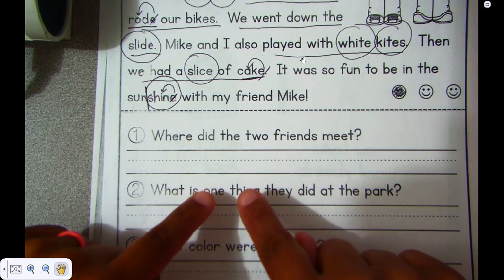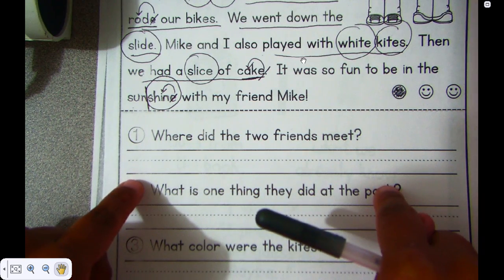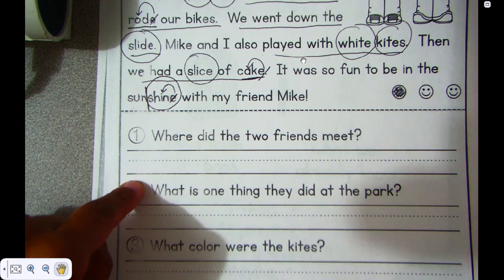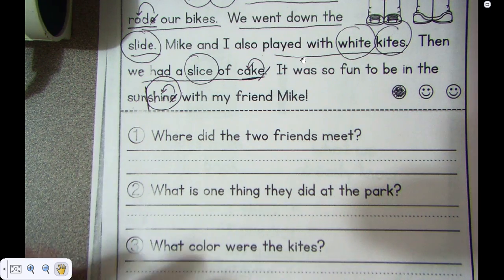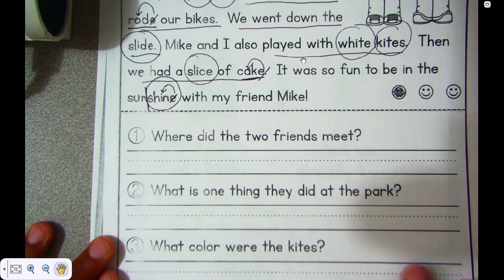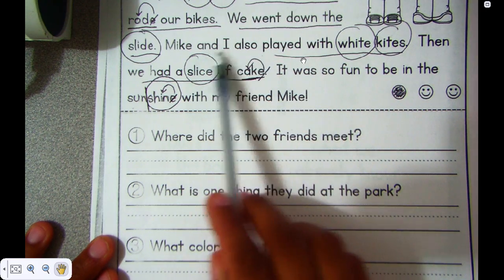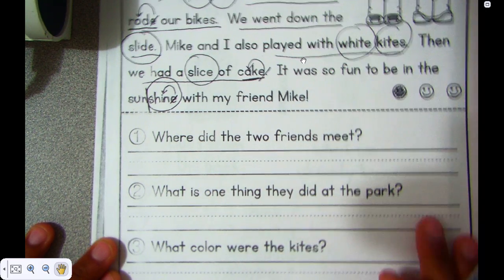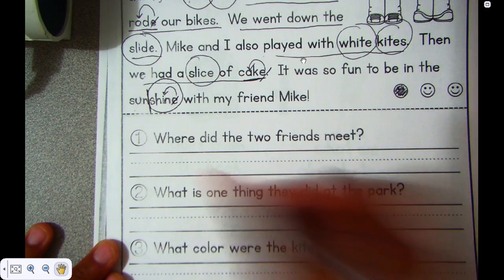We're going to write down the answer to question number 2 right now, just to practice that capitalization and punctuation and making sure we're writing in complete sentences. So what is one thing they did at the park? I'm going to put about here. They played with kites. So what is one thing they did?